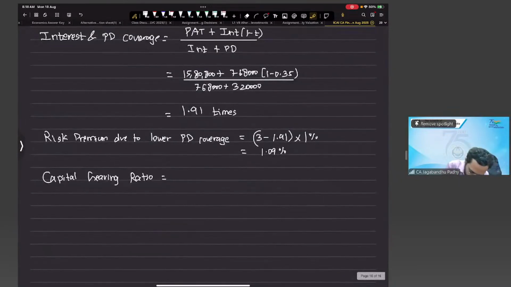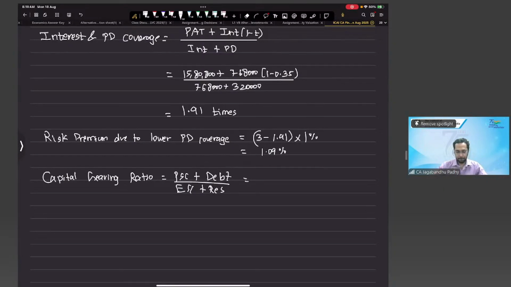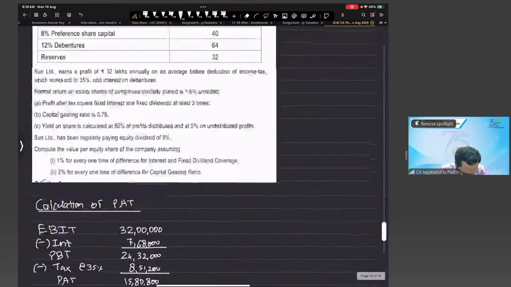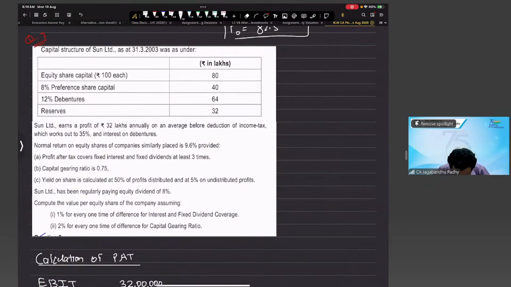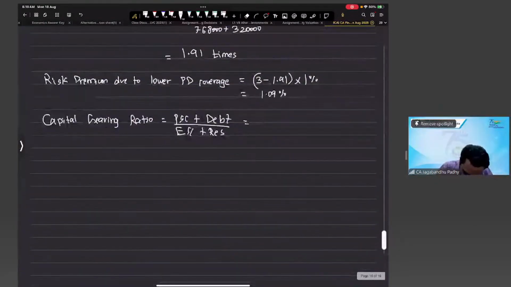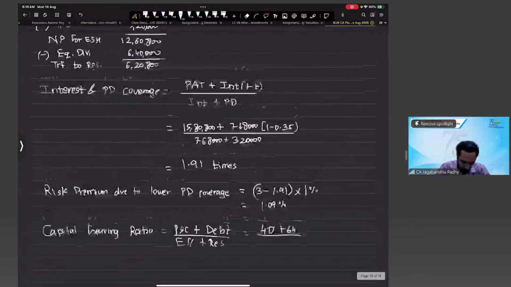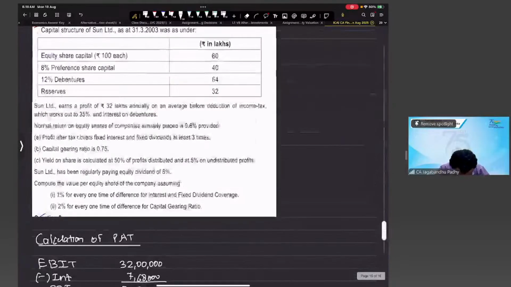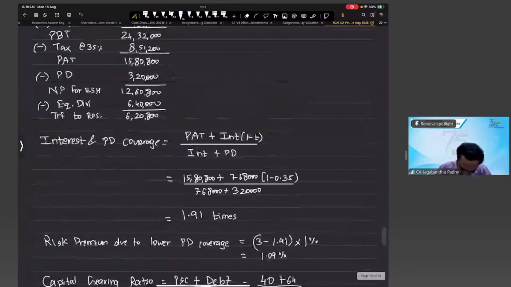We calculate the capital gearing ratio as preference share capital plus debt upon equity share capital plus reserves. So what's the preference share capital given in the question? 40, and debentures is 64, upon equity share capital plus reserves, which is 80 and 32.